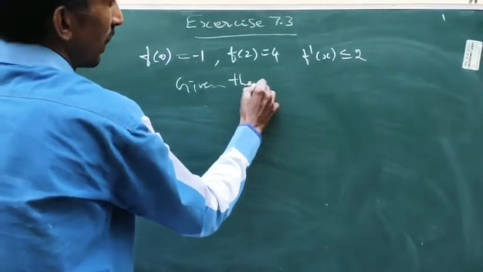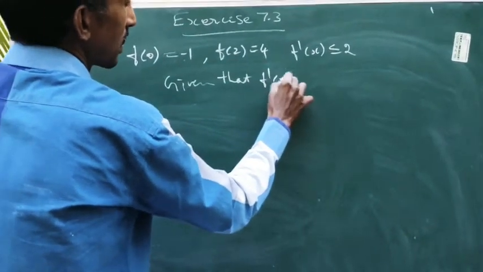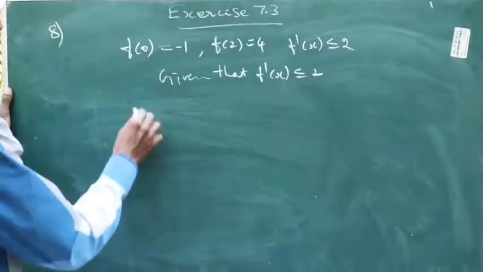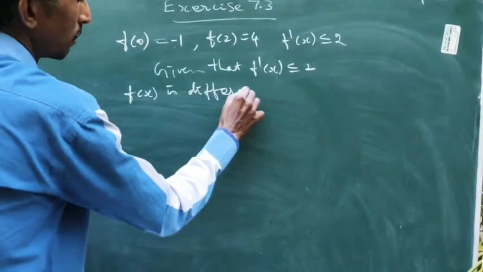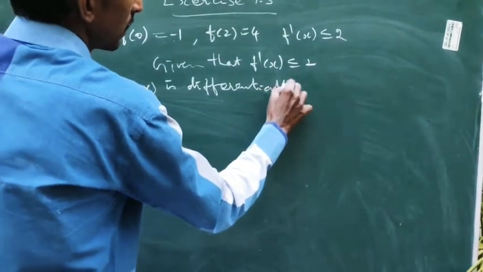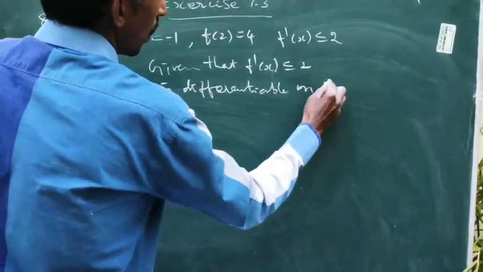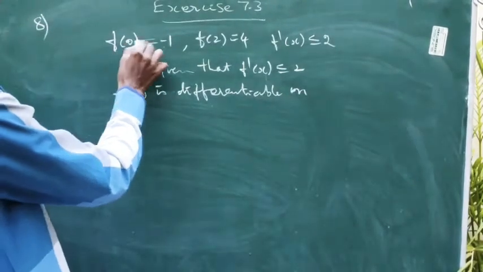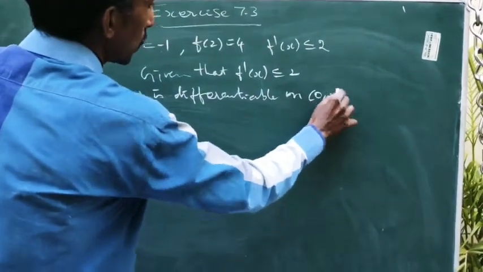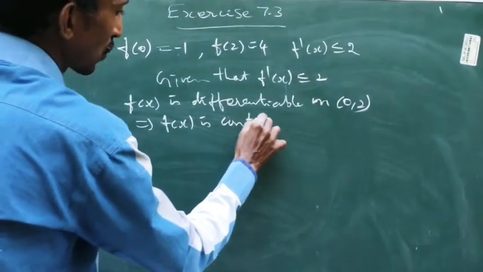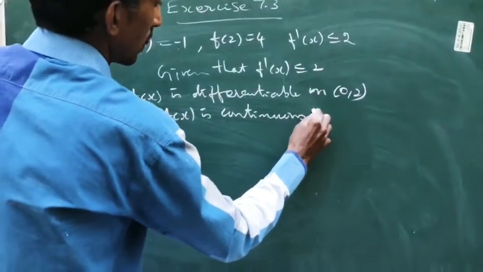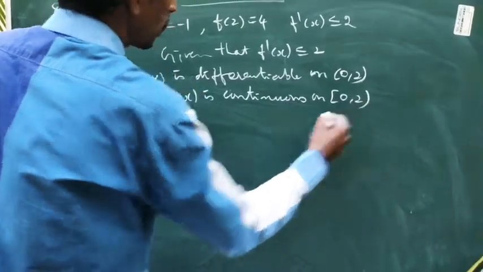So first we can apply that one. Given that f'(x) is less than or equal to 2, that means f(x) is differentiable on open interval (0, 2), which implies f(x) is continuous on closed [0, 2].